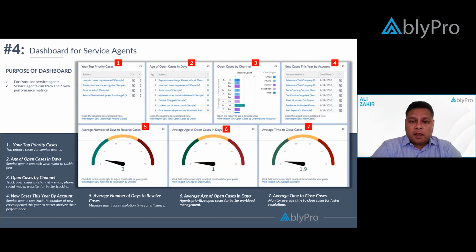Moving on, number 6, average age of open cases in a day. So, average cases open in a day. Agents prioritize cases for better workload management. It's saying only 1. So at the end of the day, let's say they have 1 case that's open that goes to the next day.